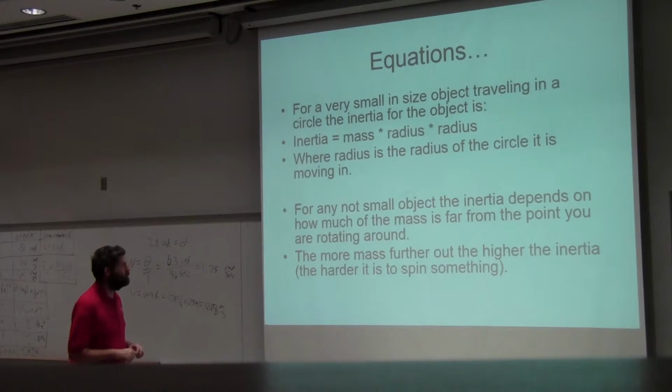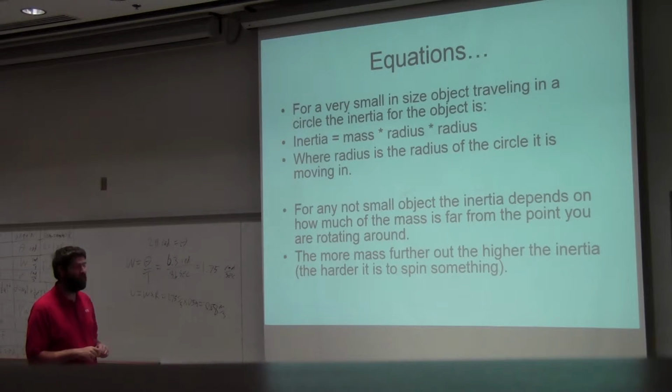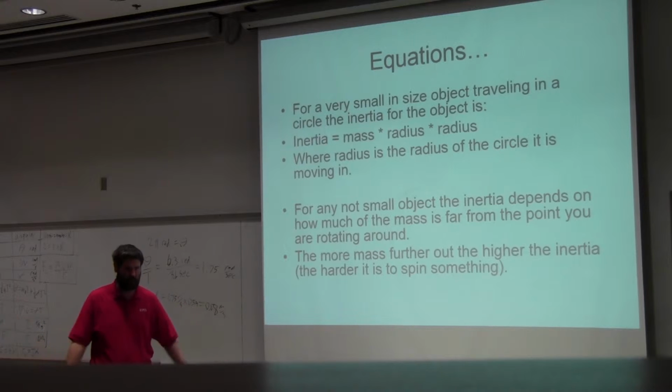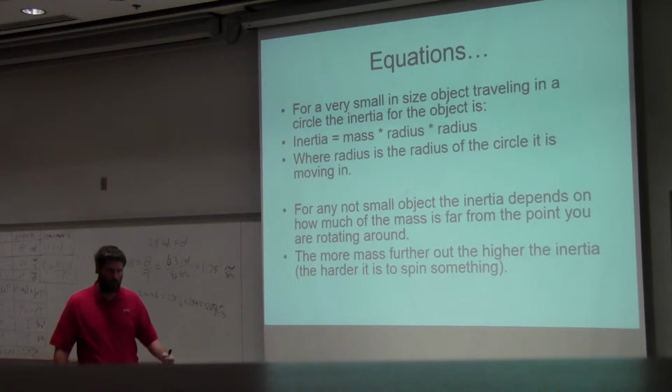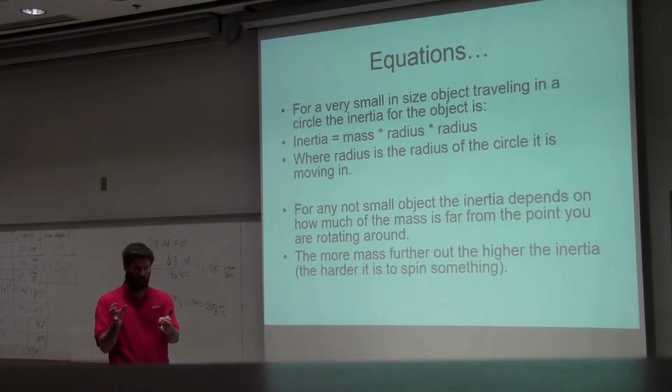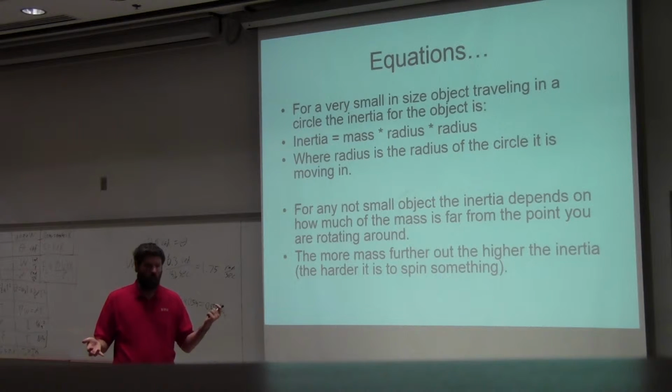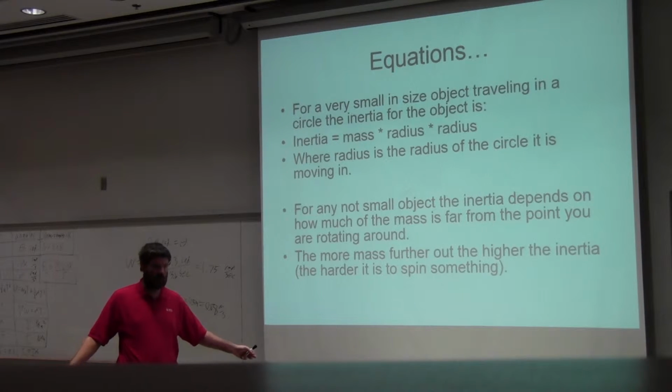Now, for it to be equal to mass times radius squared, all the mass has to be at the same distance. So, for example, if I'm an astronaut orbiting the Earth, all my mass is at the same distance, so my inertia is mass times radius times radius. If I'm a hula hoop going around this way, all my mass is at the same distance, and so again, my inertia is mass times radius times radius.